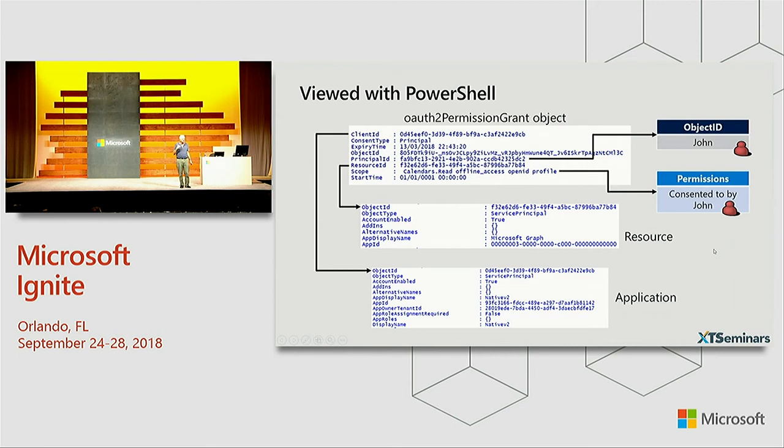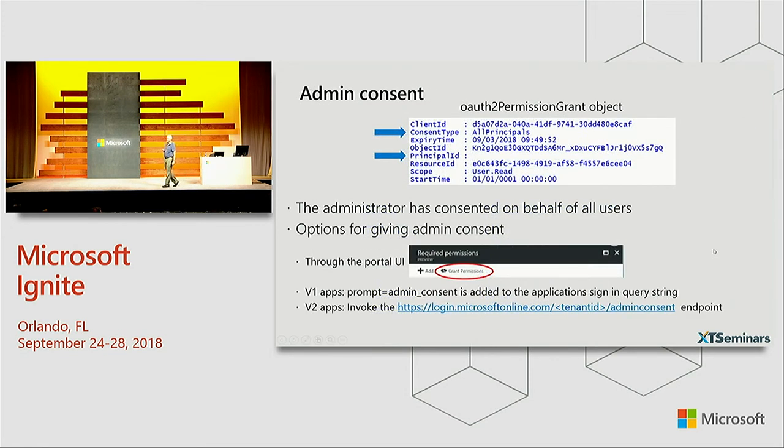And notice the consent type in there is principal. Why? Because a user has consented to this. If you look at the OAuth2 permission grant for when an administrator has consented, notice the consent type is all principals and the principal ID is blank. All right? But exactly the same relationship works with the resource, the scope, and also the application.